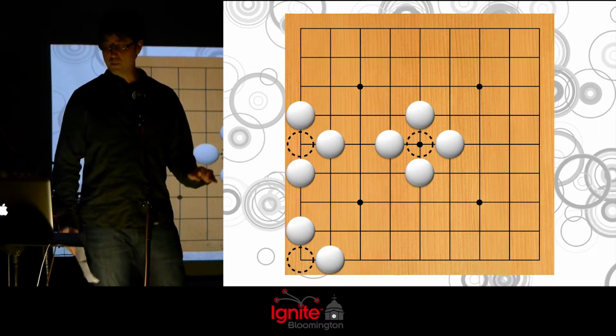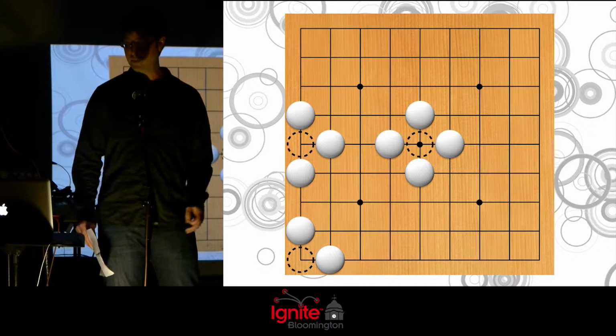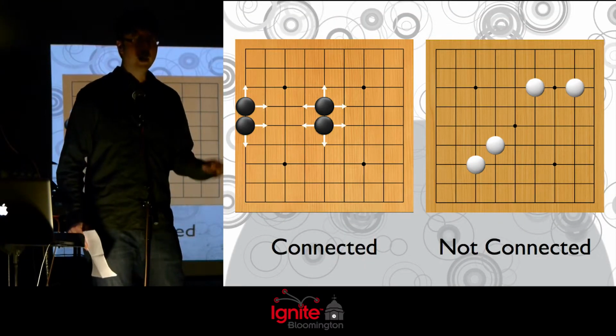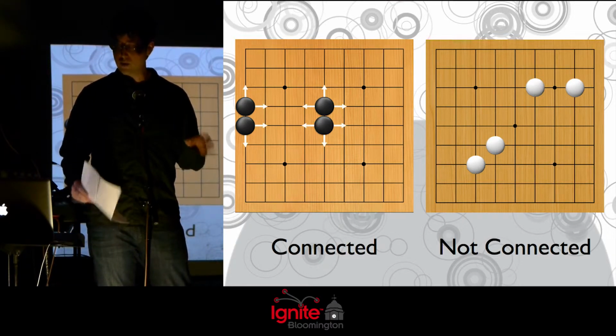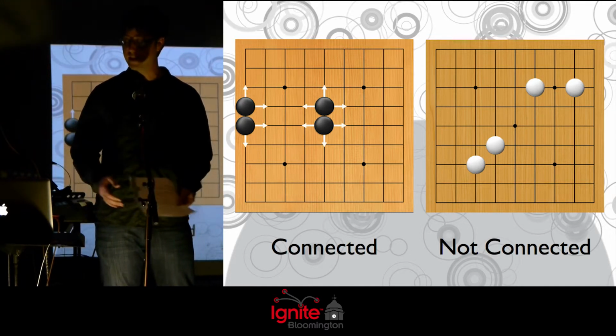If pieces are played next to a stone of the same color, then those stones are connected to one another. And now those stones share liberties. Now the stones live and die together.